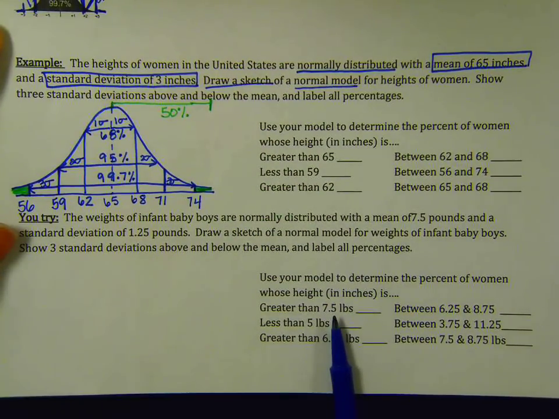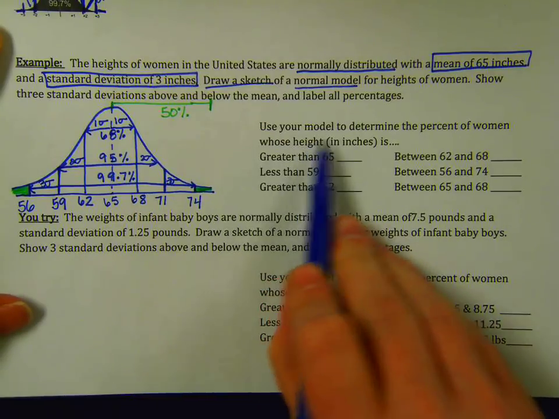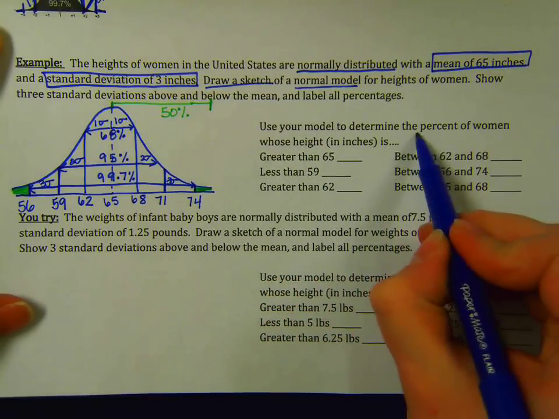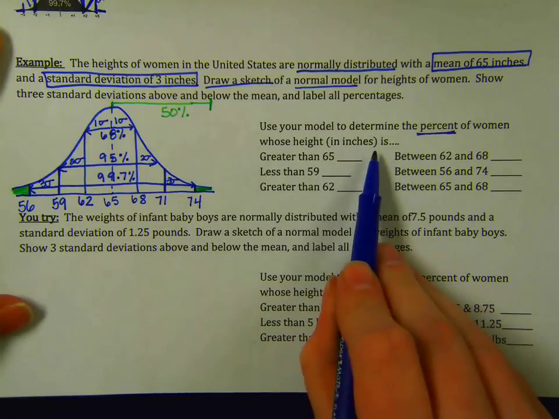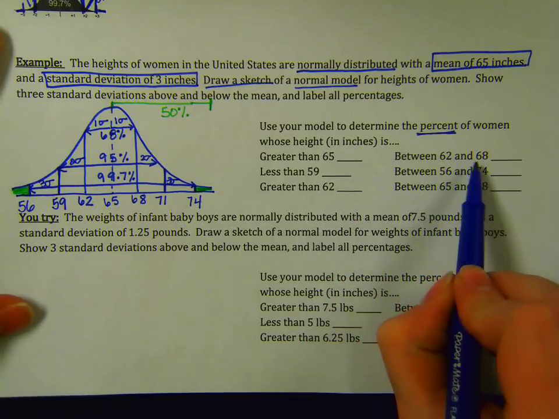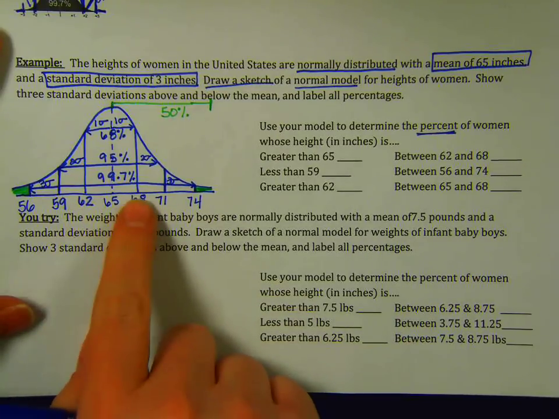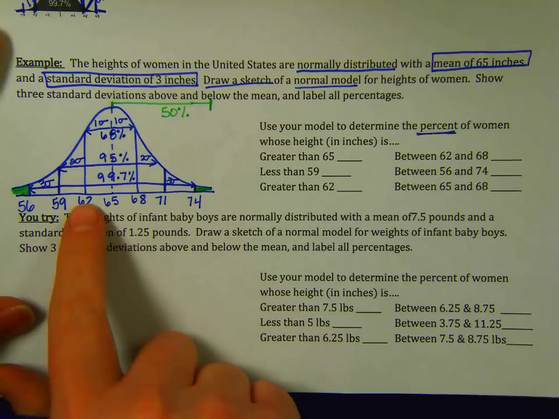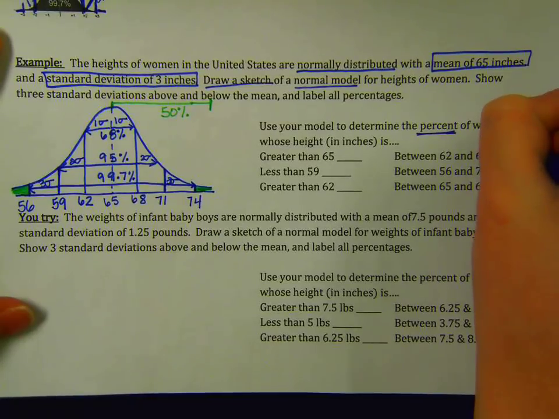Now we're going to answer some questions. I'm actually going to answer the ones on the right first because that's just how it is. So use your model to determine the percent, so I'm looking for percents here, of women whose height in inches is between 62 and 68, and this is inches. I'm 63.5, and you know how short I am. So 62 to 68, that's my 68%.